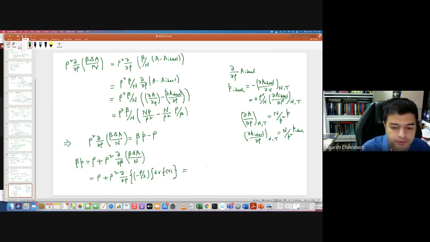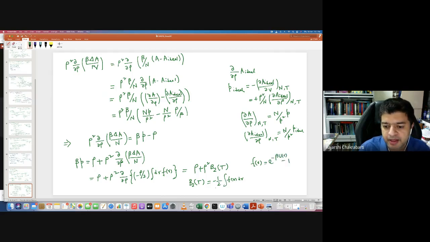So this will give you rho plus rho square B2 of t, where B2(t) is given by minus half integral f(r) dr. You remember f(r), and this quantity is called the second virial coefficient.